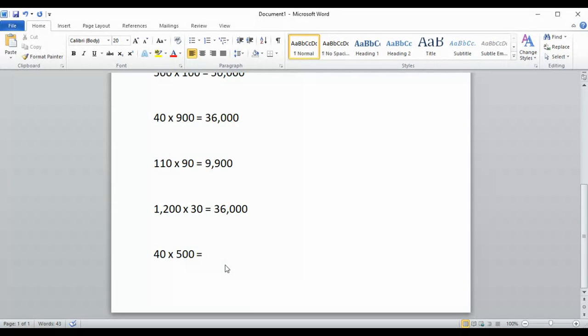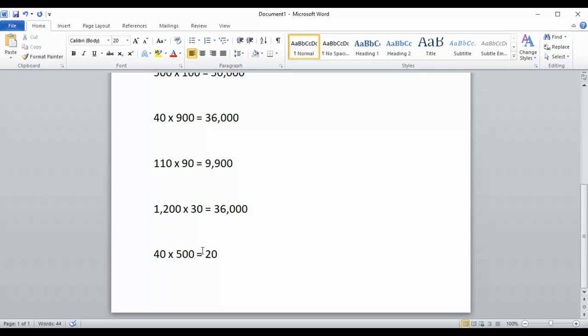This problem is 40 times 500. This has a unique situation, but you still follow the same steps. What is our math fact? 4 times 5. What is that answer? 20. Now we still count the number of zeros over here. There's 1, 2, 3. Even though the answer to 4 times 5 ends up with a 0, we don't leave off one of these zeros, just like 36 is the answer to 12 times 3 and we wouldn't leave anything off.